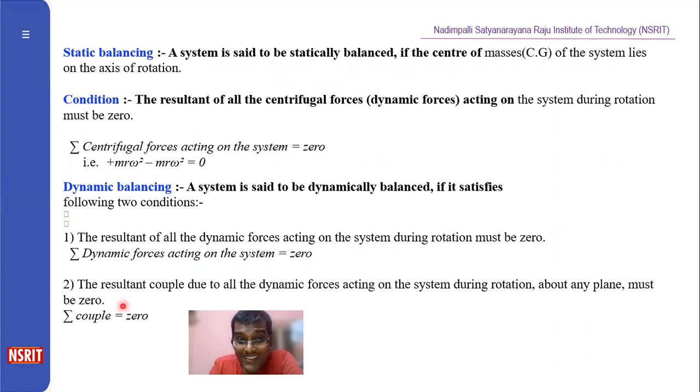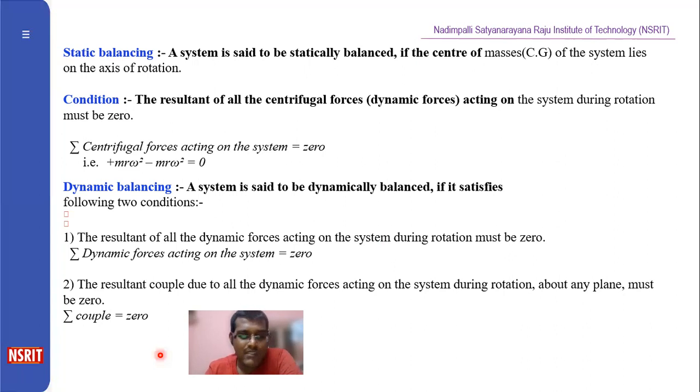Next, the resultant couple due to all the dynamic forces acting on the system during rotation about any plane must be zero, that is, the summation of couples must be equal to zero. If it satisfies these two conditions, this is dynamic balance. This is all about static and dynamic balancing.